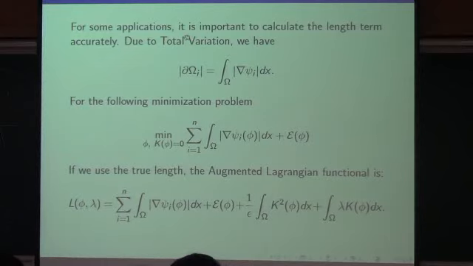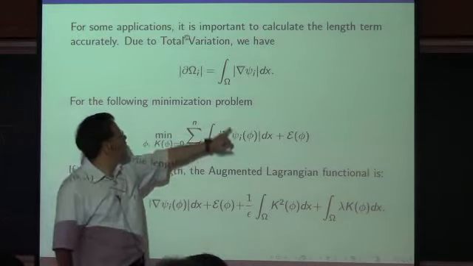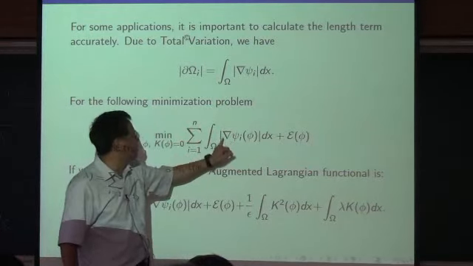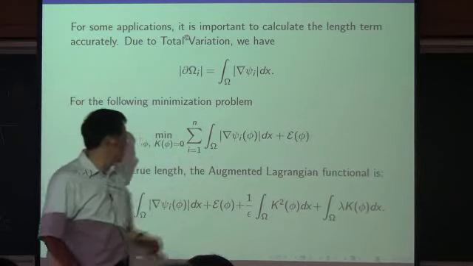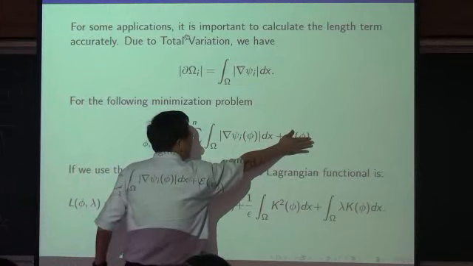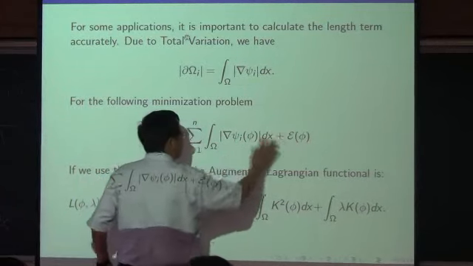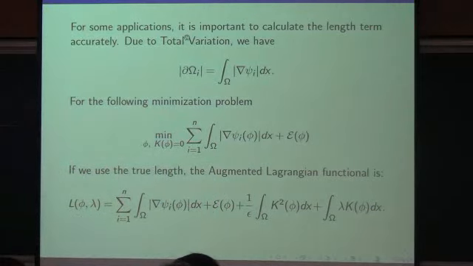Here is related to your question. If you really want to exactly minimize the length, so if you don't replace this by gradient phi, you put everything here, this term not related to the derivative. I'm just trying to show what you will get if you want to minimize the exact length.